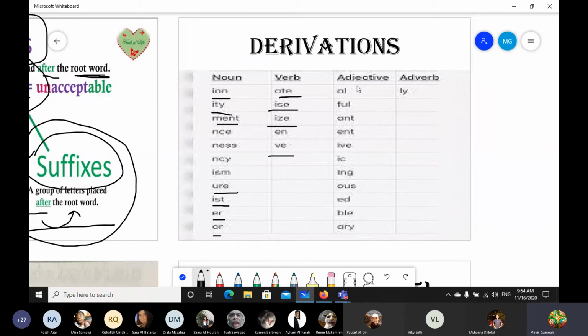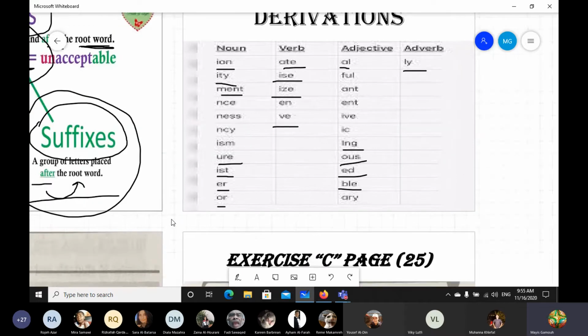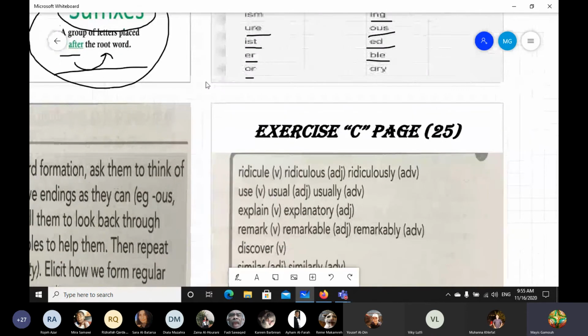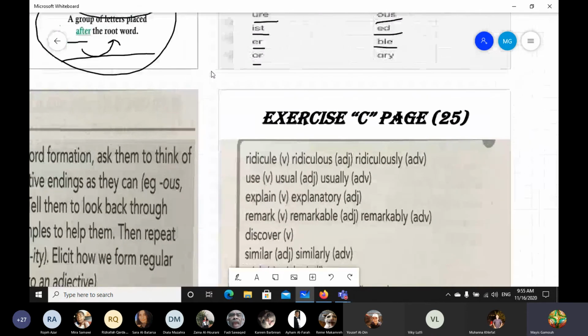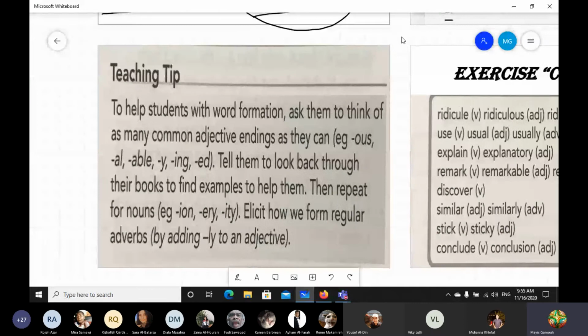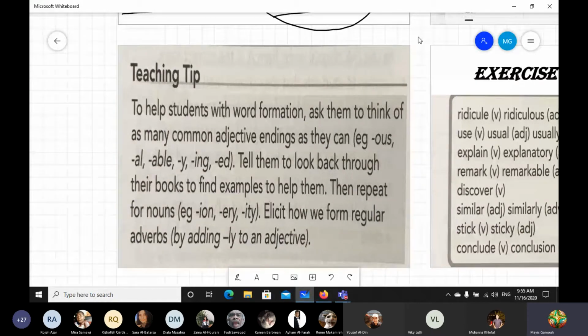Here we have a couple of suffixes for the adjectives, such as al, ing, ous, ed, ble. And we know that if I want to make a word into an adverb, I have to add ly. You need to memorize or write these suffixes in order to make it easier for you to solve or to build your new words.